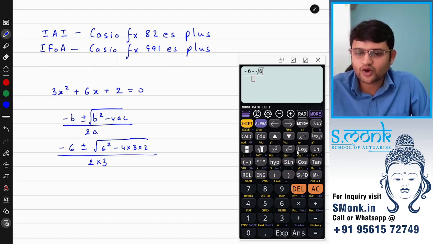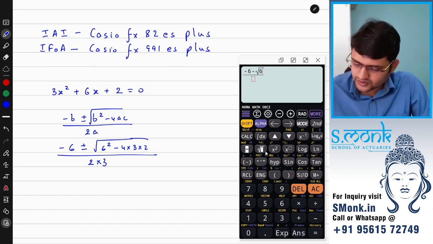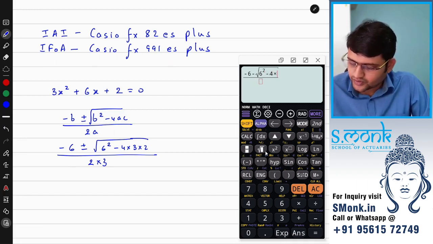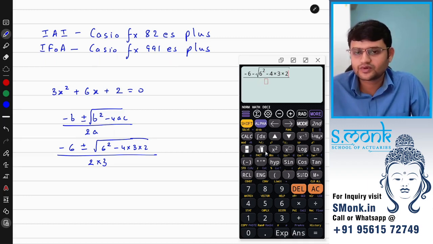I can use square, or if I want any other power I can use this as well. So I'll just use square, minus 4 into 3 into 2. Now I have to come out of it and go to the denominator here.